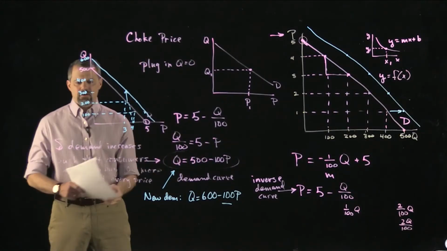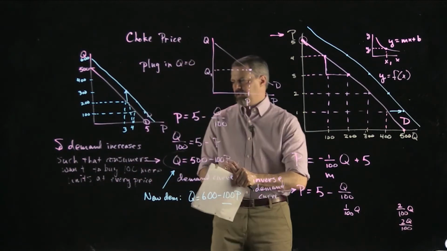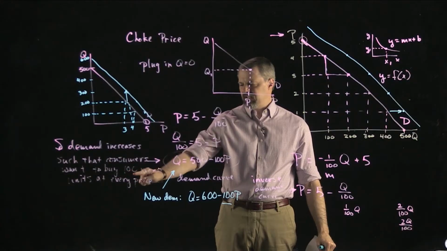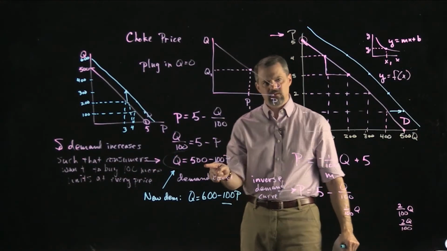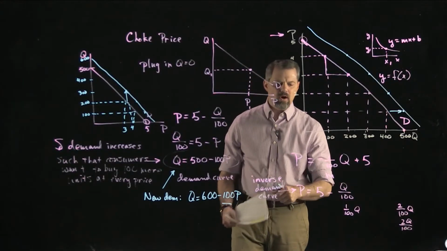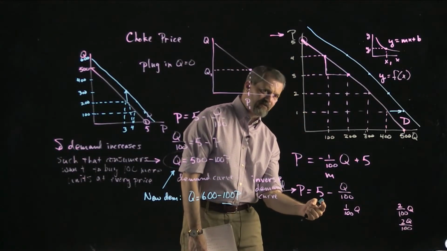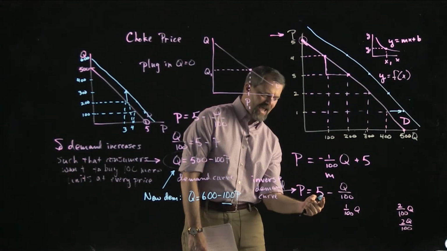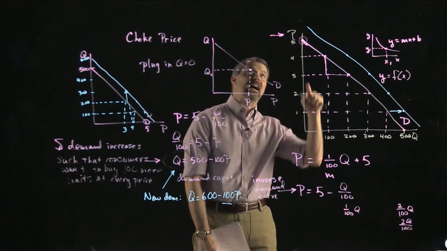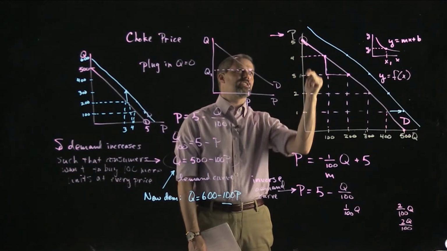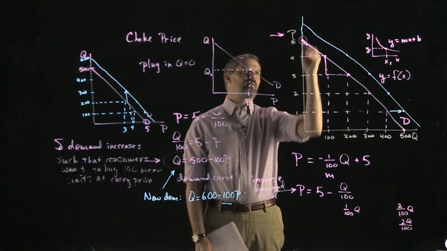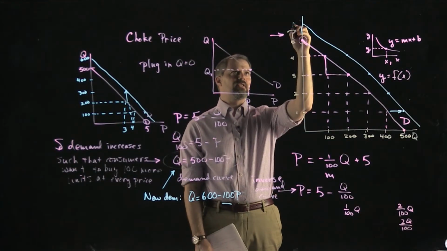So to show the impact of a change in demand, you change the intercept of the demand curve by however much demand changes. You don't want to change the intercept of the inverse demand curve, because if you added 100 units to this, your new intercept would be 105. It'd be way up there. You can see that the intercept here is going to change, and you can probably tell that what it's going to change to is going to be 6.